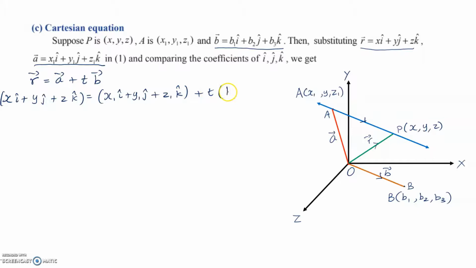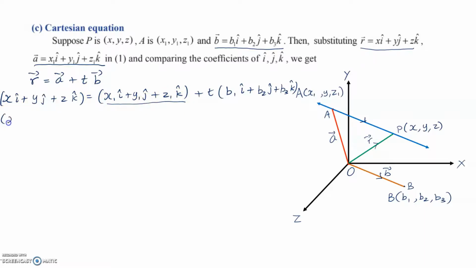B vector is b1 i cap plus b2 j cap plus b3 k cap. Okay. Now, further simplifying this, let's move this term to our left hand side and bring the coefficients of i cap, j cap, and k cap common.